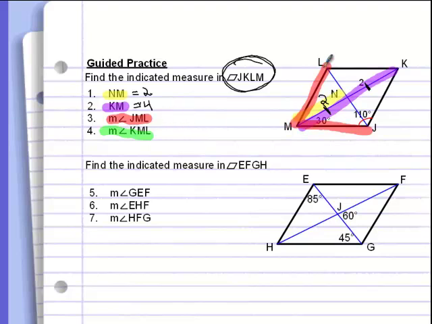Then we go to number 3. And JML is highlighted in red. Now, I'm going to write down a property that we need to use. And the property of this parallelogram that we're going to use here is that opposite sides are parallel, meaning this side is parallel to this side.